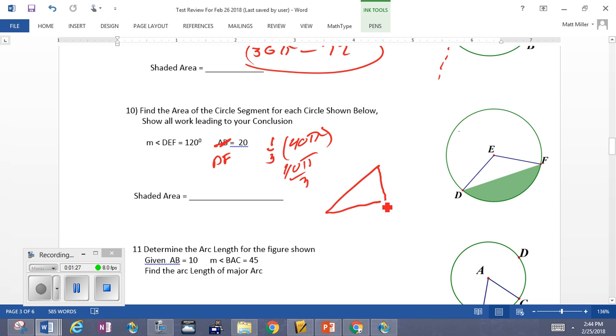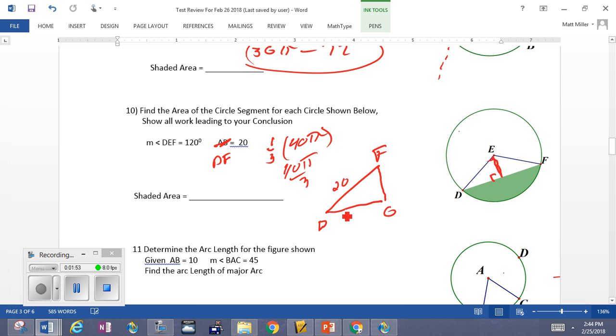It's another 30, 60, 90. Remember, we said inside is 120. But we're going to split that in half so we can get the height of that triangle. Let's call this point G here. This is E. So what we know is that DF is our 20.